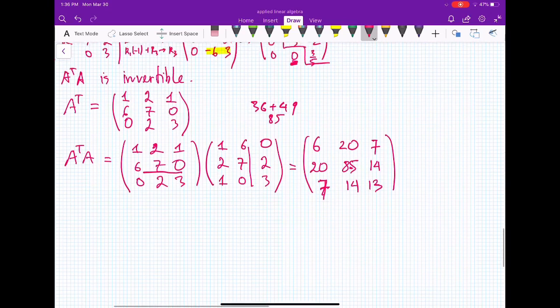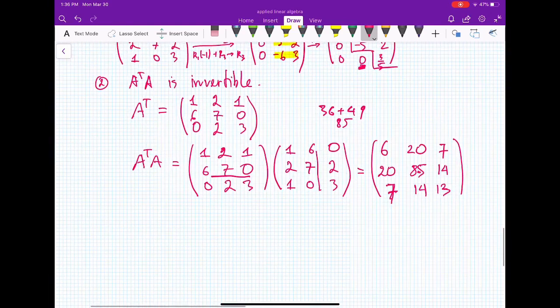So once you have ATA, you can find the inverse of ATA. All right. So you can use a calculator. Let me show you how to do that using some resources on the internet. Okay.